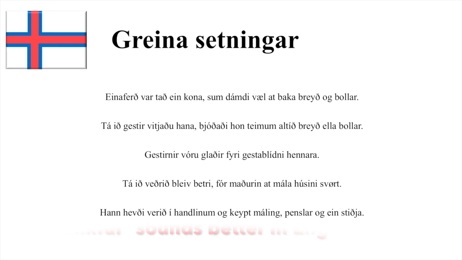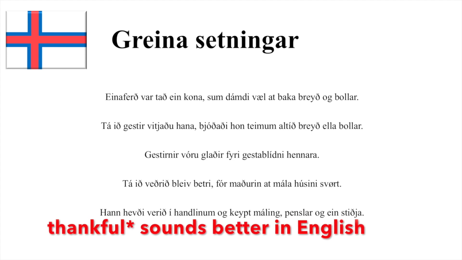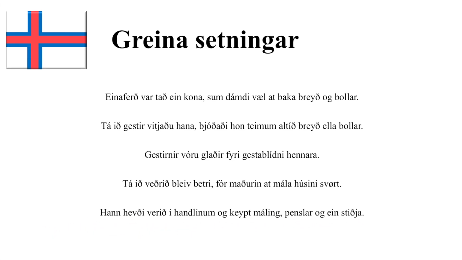The guests were happy or glad for her hospitality. Ta í veðri blei betri, for maðurin að mála húsini svørt. When the weather got better, the husband or the man went to paint the house black. Han hevði verið í handlinum og keypt máling, penslar og ein stiga. He had been in the store and bought paint, brushes, and a ladder.